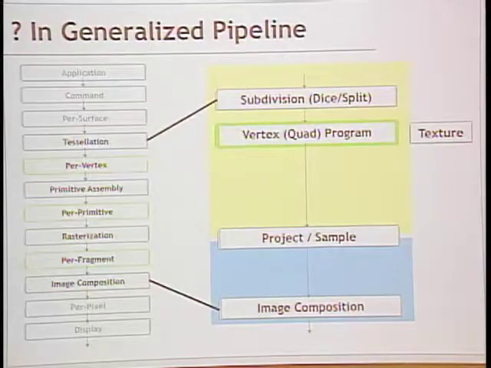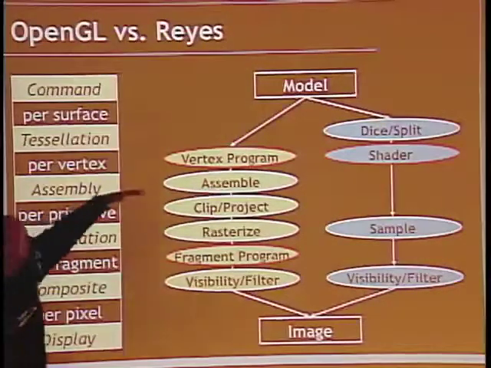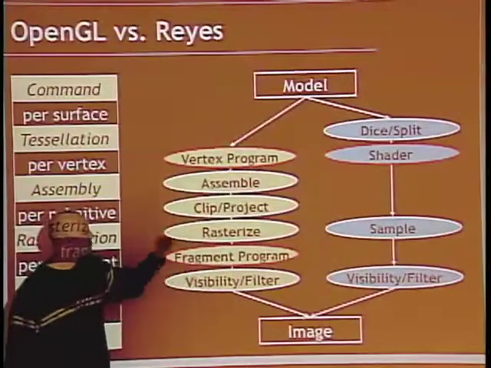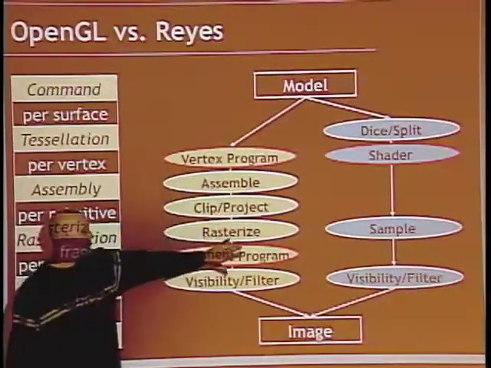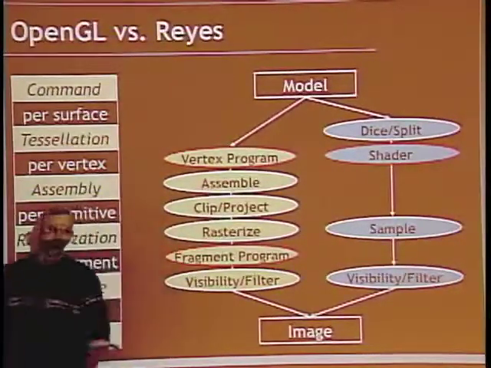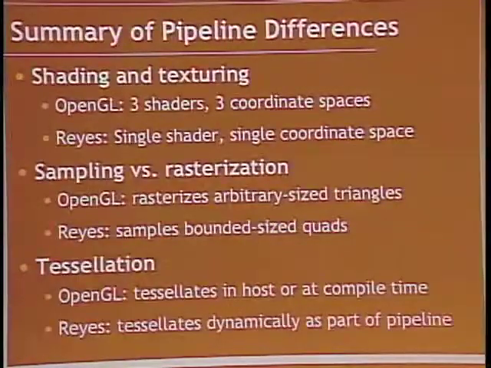So just to walk through some of the differences here. It has one programmable stage rather than multiple programmable stages. It does not do rasterization, but instead sampling. It uses micropolygons. We're going to talk about all these things in more detail.